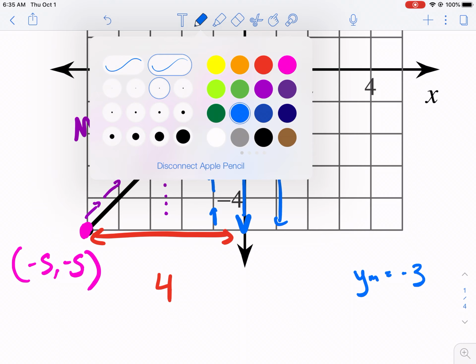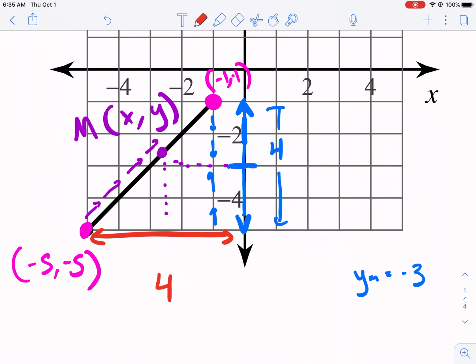Now we're going to try to find the midpoint of the horizontal distance. If we go over 2 units to the right, because it's 4 and half of 4 is 2, or if we go from the right point and go over 2 units to the left, we both get to the same spot. What spot is that? We get 1, 2. That looks like -3 for our x midpoint.